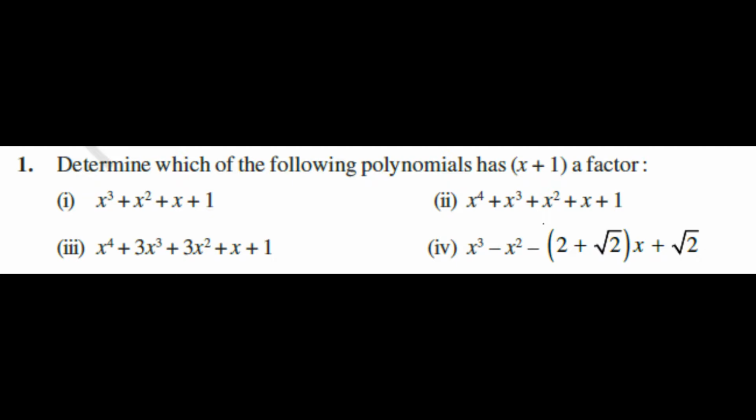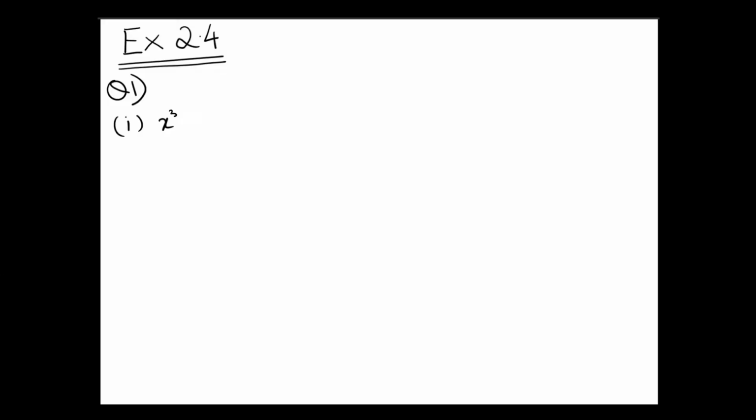So the first part of this question is the polynomial x cube plus x square plus x plus 1. Now we need to check whether x plus 1 is a factor of this polynomial.